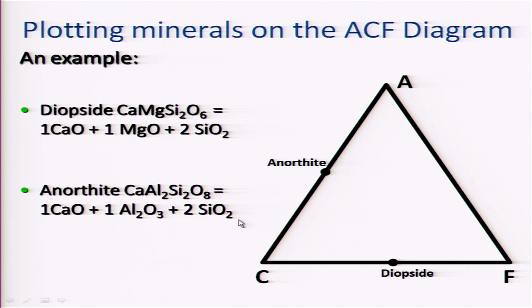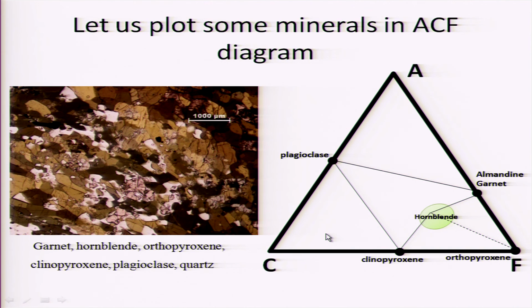If we find in a rock that quartz, plagioclase and pyroxene occur together in textural equilibrium, we will join these two and that will represent the quartz, plagioclase, pyroxene tie line. In this figure, you see that the rock contains garnets, some orthopyroxenes and hornblende, a calcic amphibole.